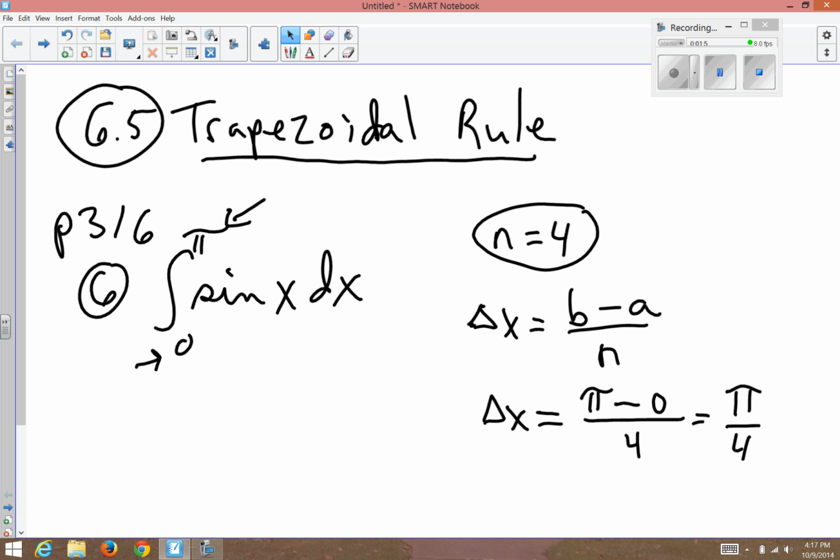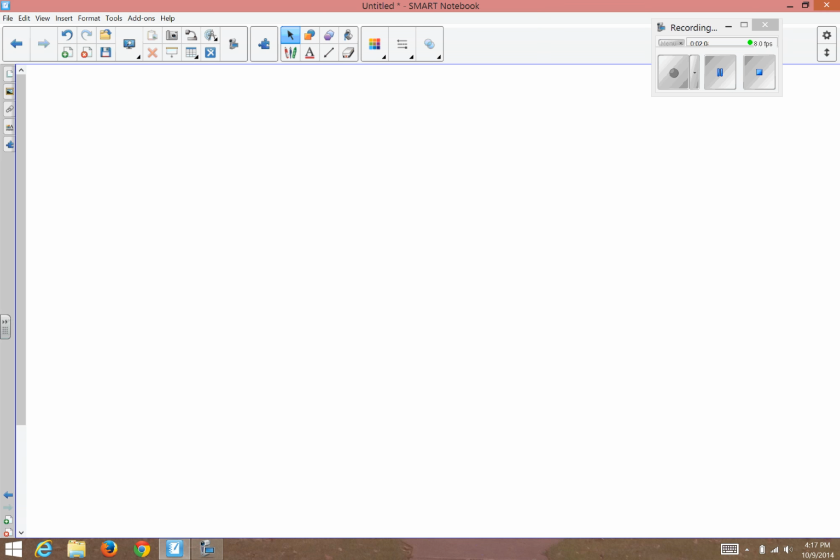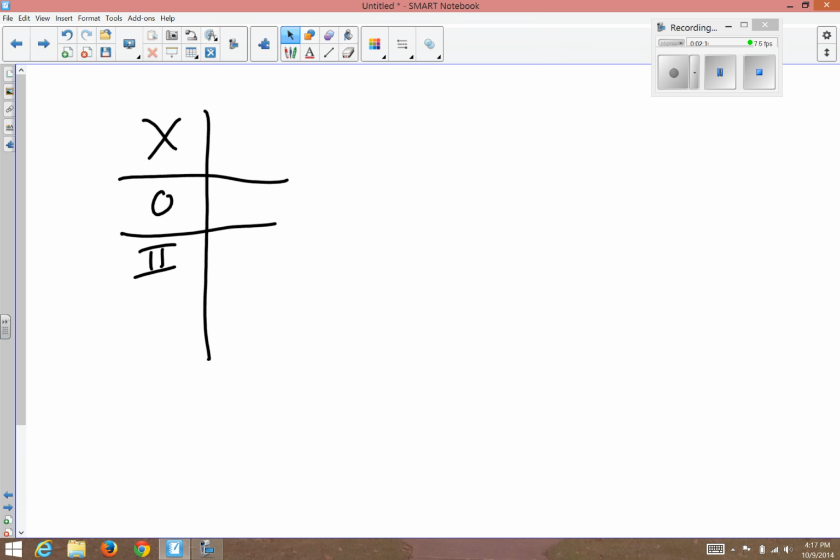rectangles, we're going to make a table with an x column starting at 0. This is what we change x by, and pi is where we end up in the table. So here's the table. X is starting at 0. Delta x is pi over 4. 0 plus pi over 4 is pi over 4.